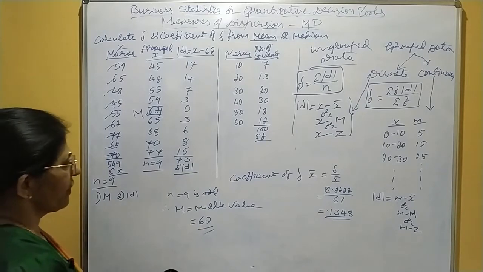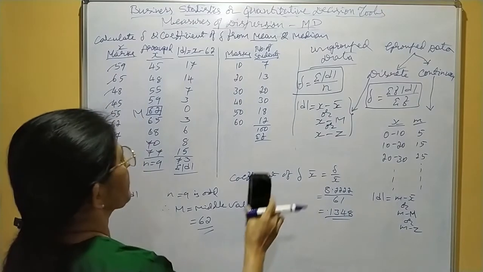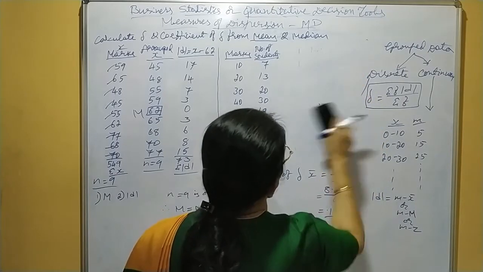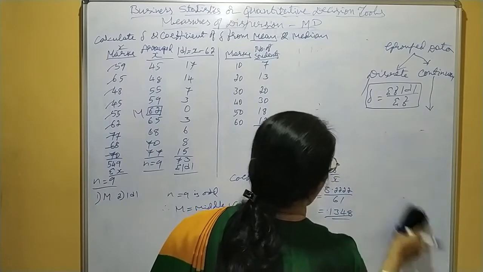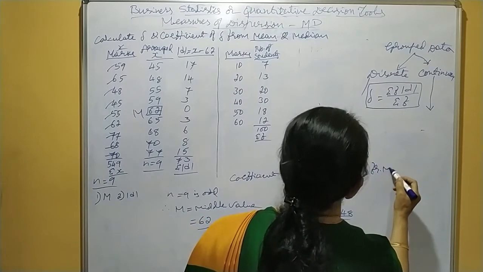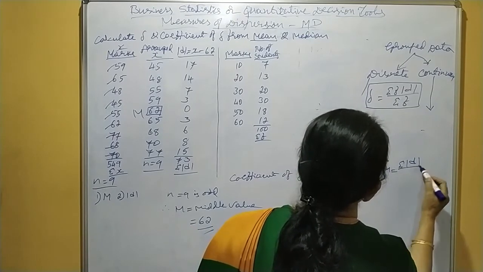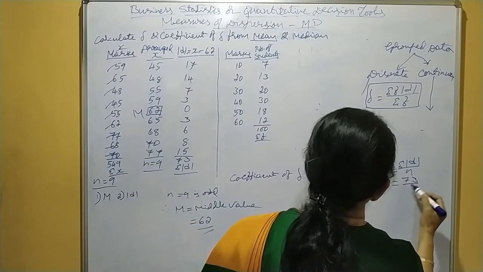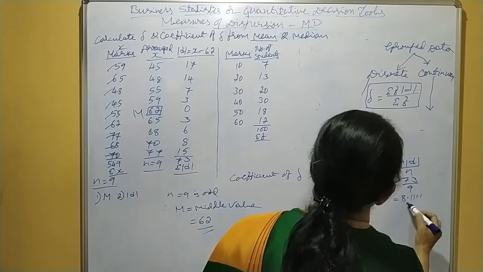Okay. Now, we have to find out mean deviation from median. Mean deviation from median equals sigma modulus D divided by n. Sigma modulus D is how much? 73 divided by n, 9 equals 8.111.